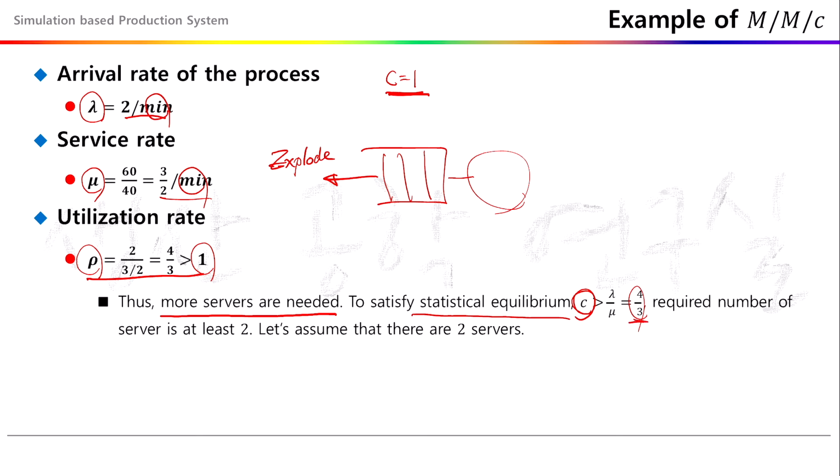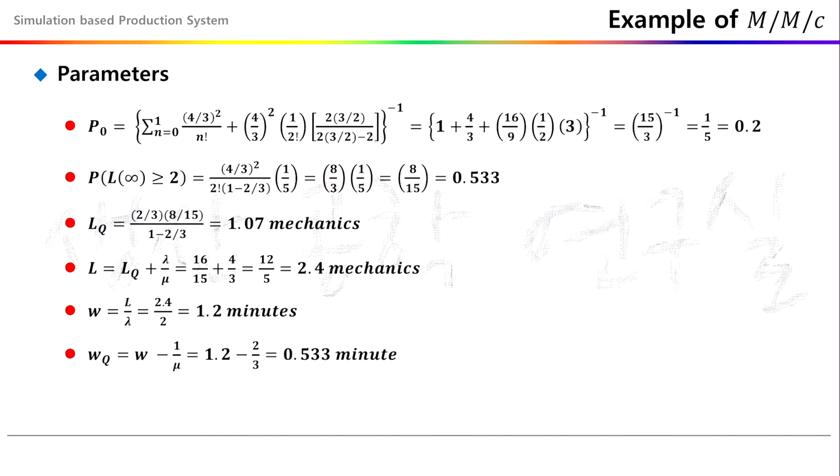So in this case, the required number of servers is at least 2. It can be 3, 4, or 5, but the smallest number is 2. Let's assume that there are 2 servers, and this is the calculation of these queuing models.